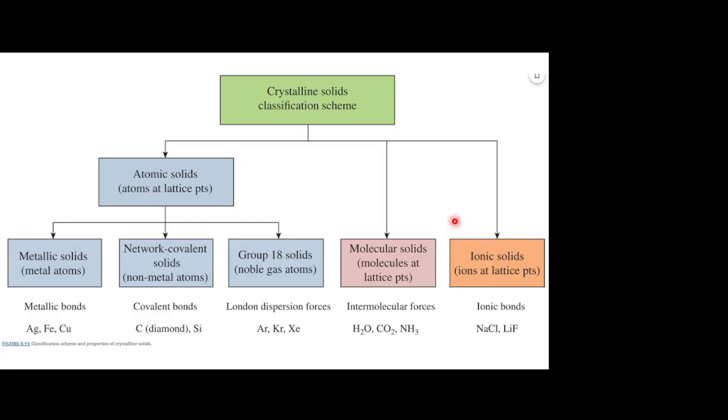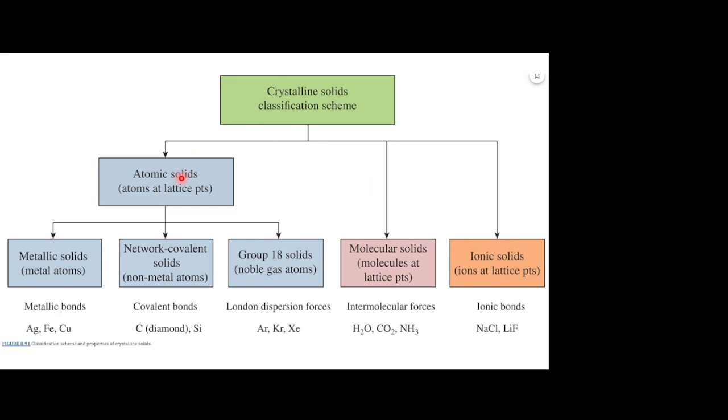This right here is going to be your ionic solids, and you're going to have ions at your lattice points, of course. Those were the examples we were looking at with sodium chloride and lithium fluoride. This is actually one of the more used types because there's a lot of things you can do with that, because there's just a lot of ions and a lot of minerals.